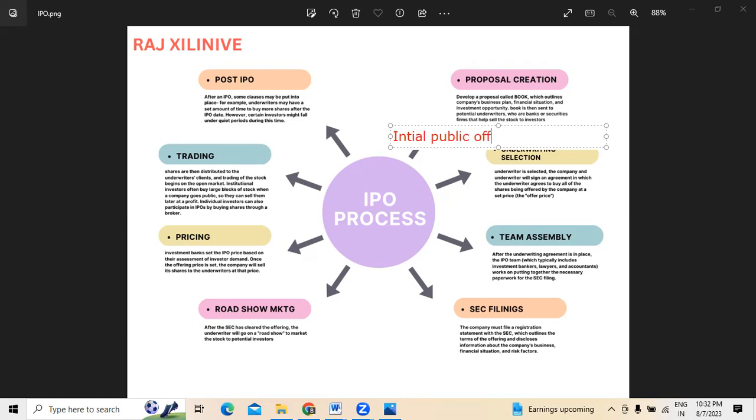The introduction to initial public offer was discussed earlier also, with both of you. But let me give you a high-level overview, then I'll get into the next one. Initial public offer is a process where any organization wants to transform from a private limited to a public limited company.